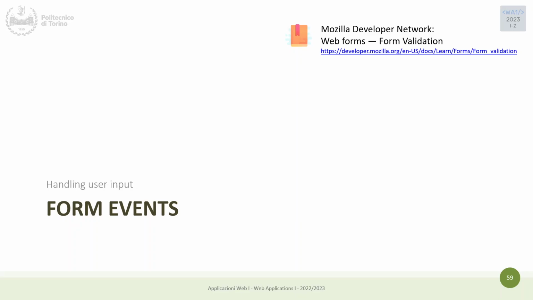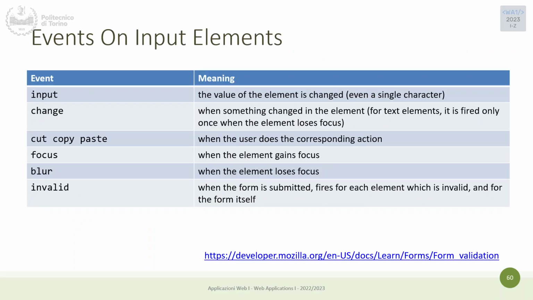Okay, form events, just a couple of slides. There are some events specific to the form that you can manage. For instance, it is very curious that you have this set of events, which are cut, copy, and paste, that allow you to intercept when a user is trying to cut some text or to paste some text in a text area, which is something that you probably already observed while navigating.